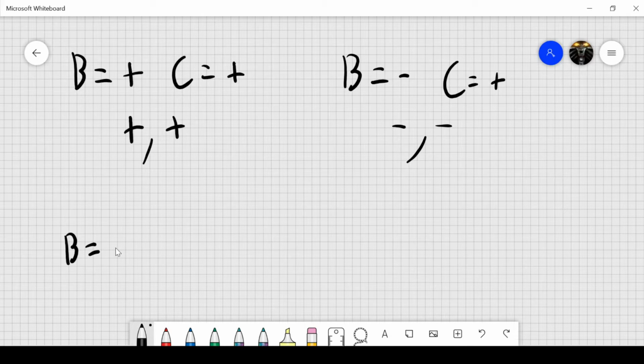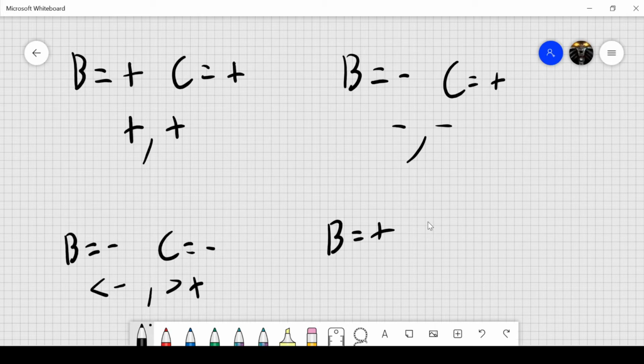When B is negative and C is negative, the larger factor is going to be negative, and the smaller factor is going to be positive. If we were looking at the 6 again, that would mean 3 is negative, 2 is positive.